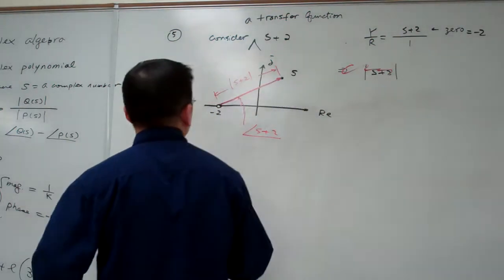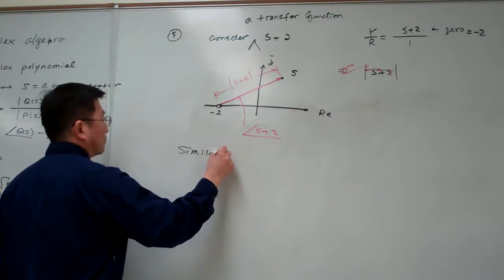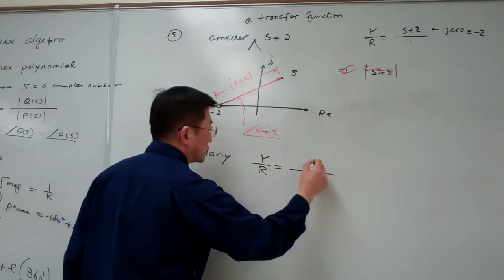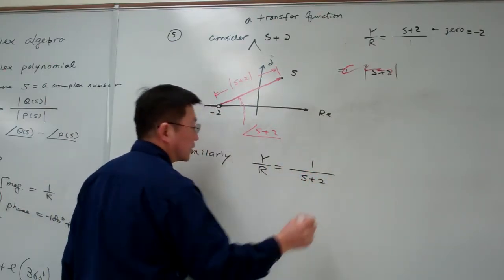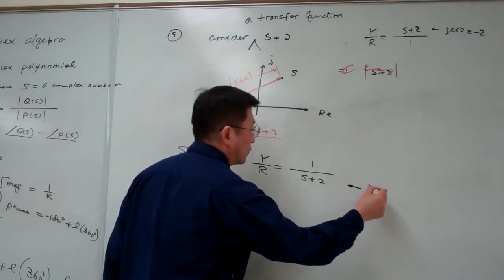So similarly, if we consider a transfer function Y over R equal to, say, 1 over s plus 2 here, okay? For this case, basically this is a pole.